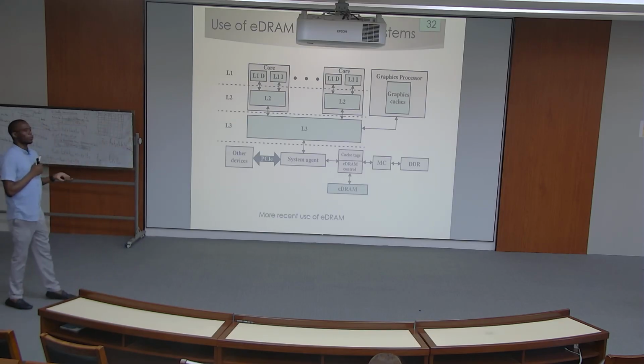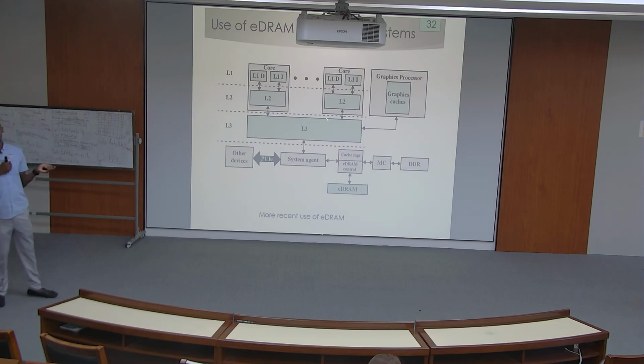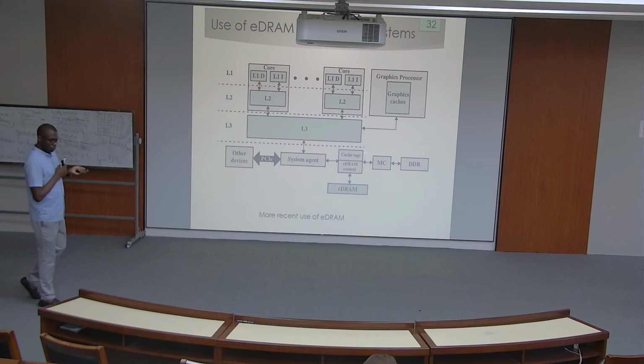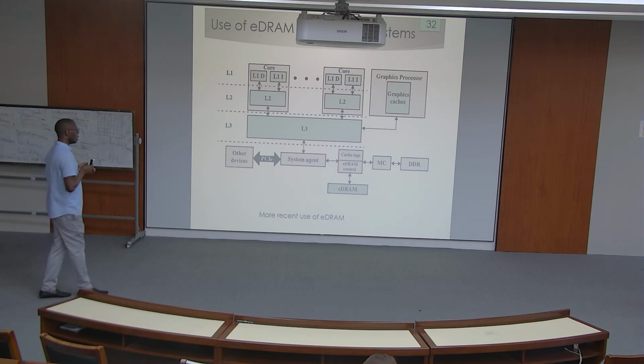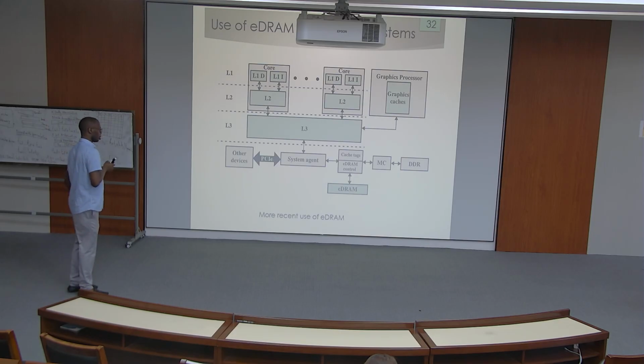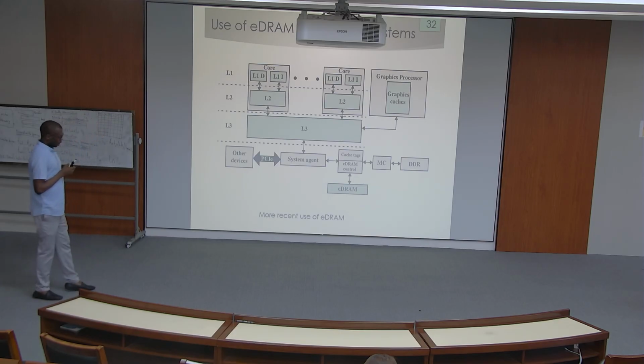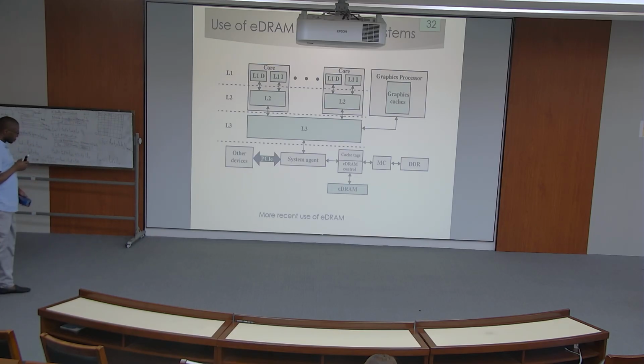Then here we have EDRAM as a separate memory, and the system can get access to the EDRAM memory without relying on level 3 cache, which can improve the computer performance. Then we have the DDR memory.